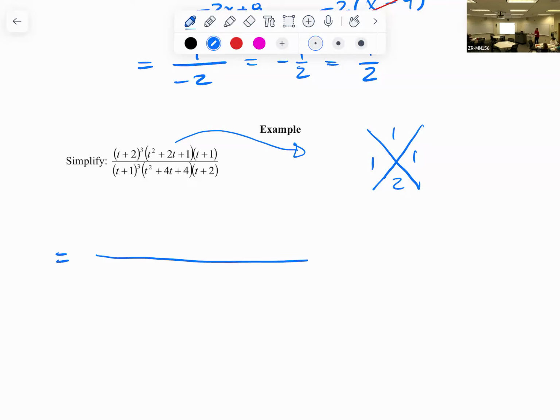Writing out the top, and this can be helpful as well: t plus 2 cubed means t plus 2 times t plus 2 times t plus 2. This guy becomes t plus 1 times t plus 1.